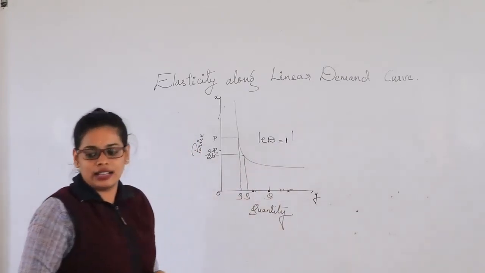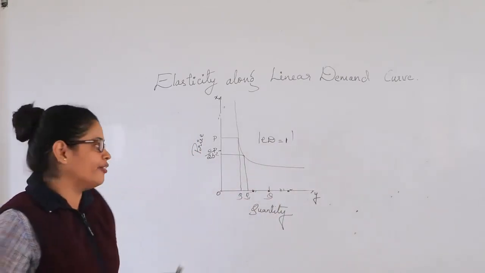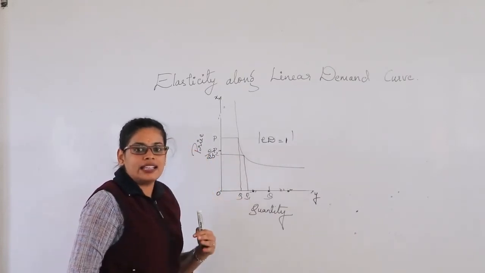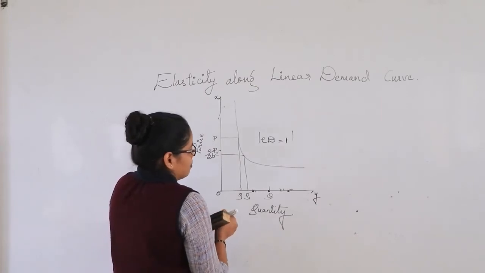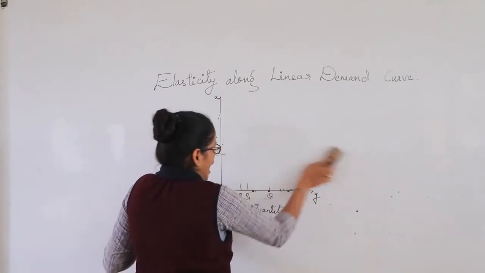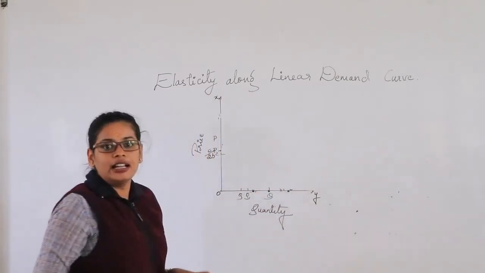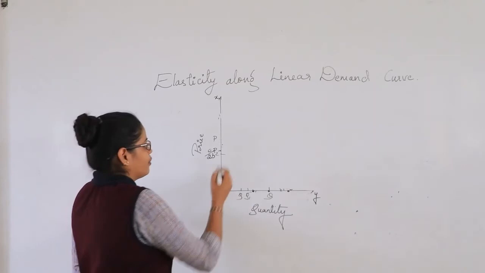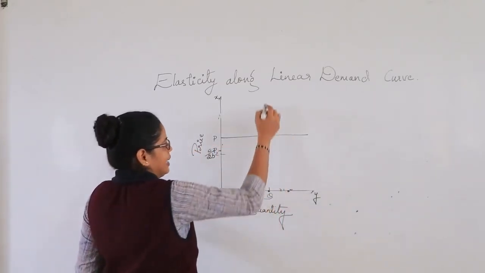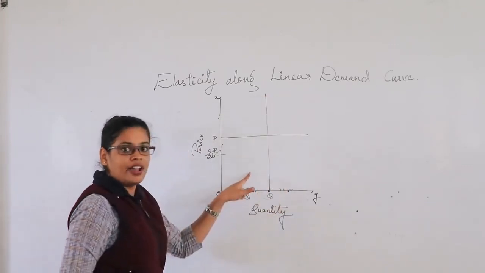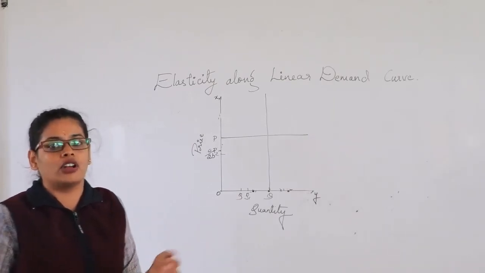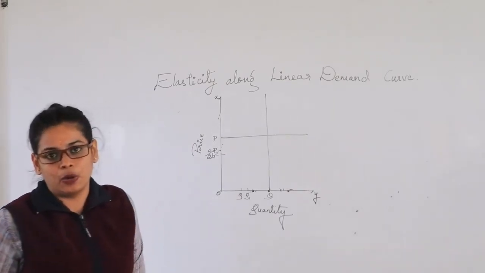Another name is unitary elasticity of demand, because an equal percentage change in the price leads to an equal percentage change in the quantity. So we have discussed three different types: the horizontal demand curve, the vertical demand curve, and the unitary elasticity of demand, or the rectangular hyperbola.